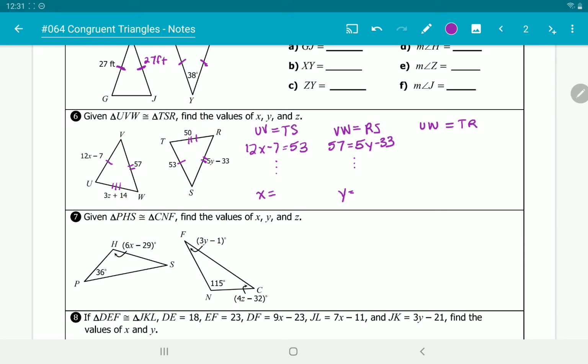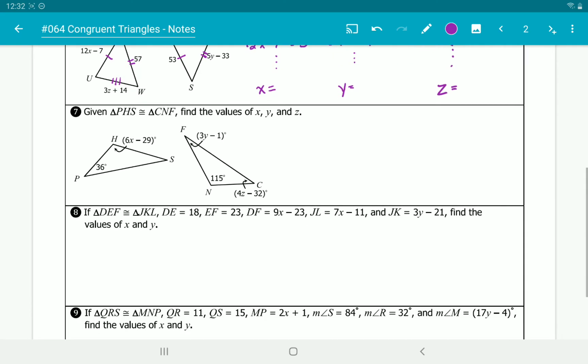So we have this UW is 3z plus 14, and we know that this TR is 50 from the picture. And then from there, again, you'll just subtract 14 and divide by 3 on both sides, and it'll solve for z. So go ahead and pause the video. Take your time to try and solve for those ones.